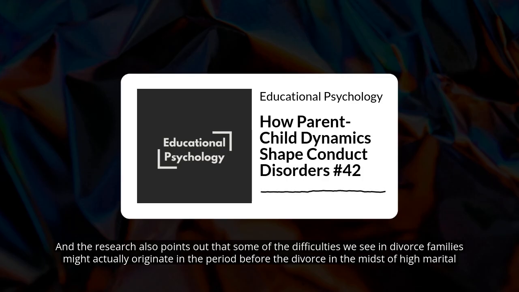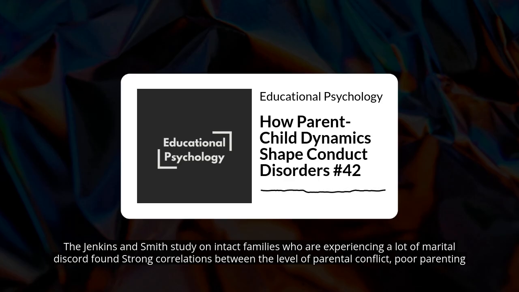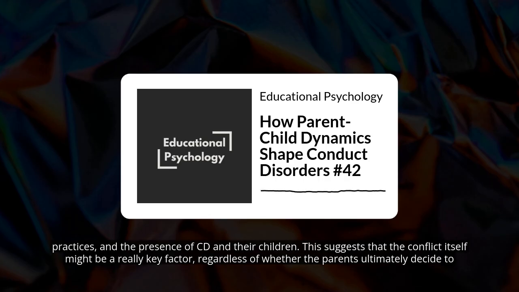And the research also points out that some of the difficulties we see in divorced families might actually originate in the period before the divorce, in the midst of high marital conflict. That's a really key point. The Jenkins and Smith study on intact families who were experiencing a lot of marital discord found strong correlations between the level of parental conflict, poor parenting practices, and the presence of CD in their children.